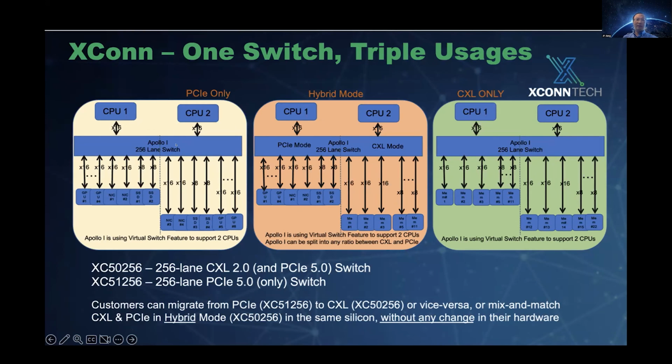So at this stage, we see these three usage cases can be enabled by our current switches. You could do PCIe only, with some of the GPUs and network cards using the switch to connect. You could also do CXL only. But more likely, there's an interesting implementation where you have both PCIe and CXL. You can do this kind of design because our switch supports a mode called hybrid mode.